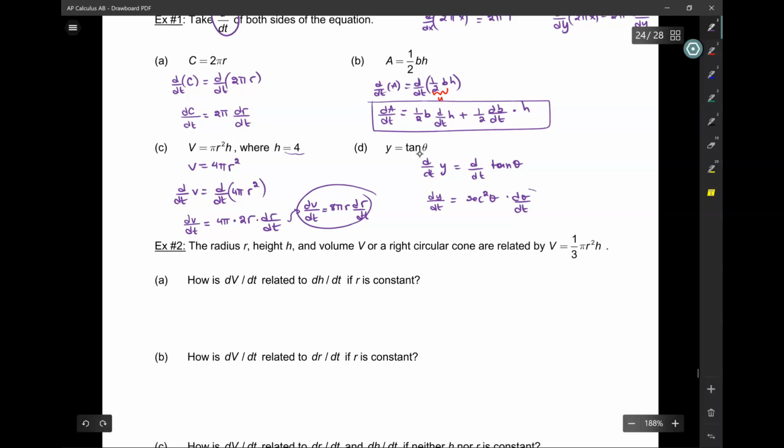All right. So if you think about it, we have been doing this all along, because when I had d/dx of tangent of x, that was just secant squared x times the derivative of the x. But because it was dx over dx, it was just 1, right? But now it's dx over dt.